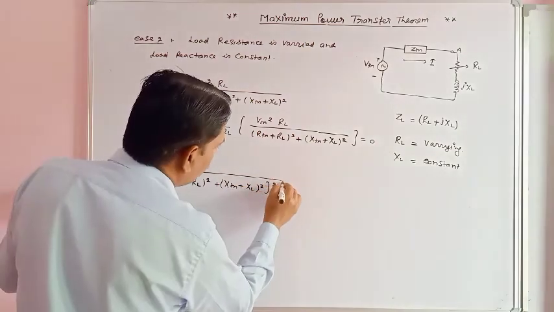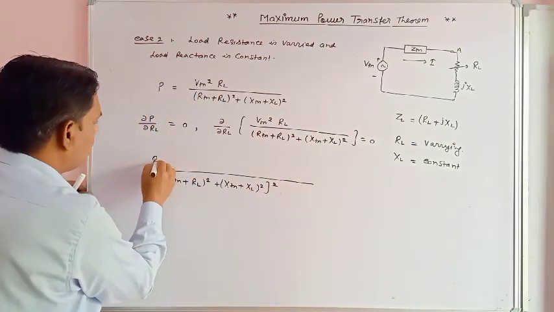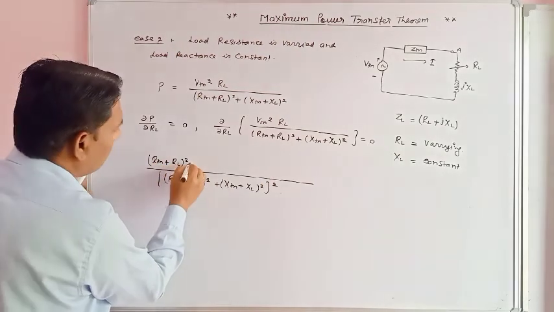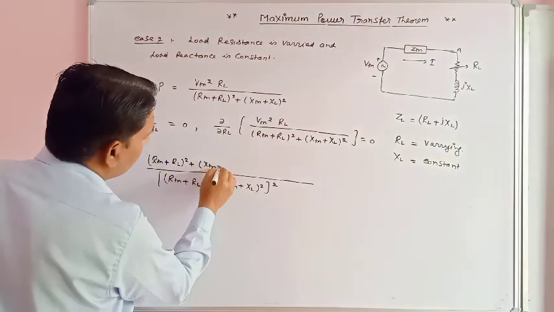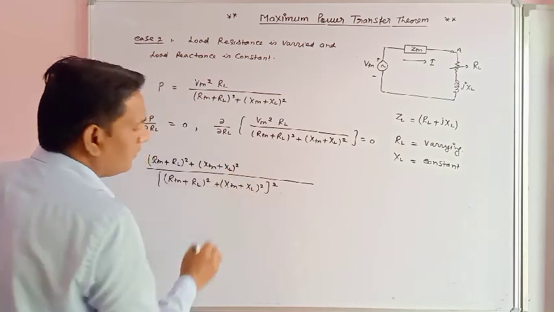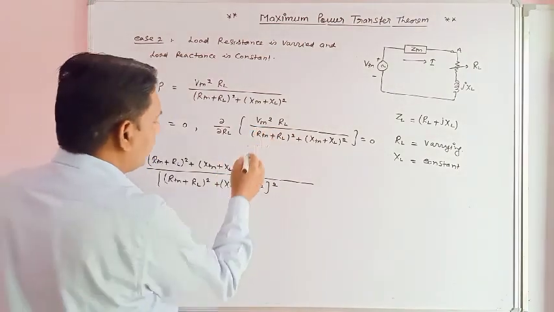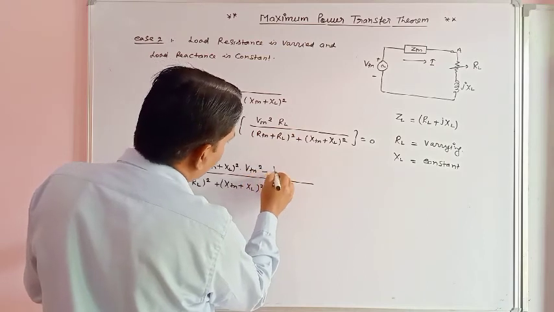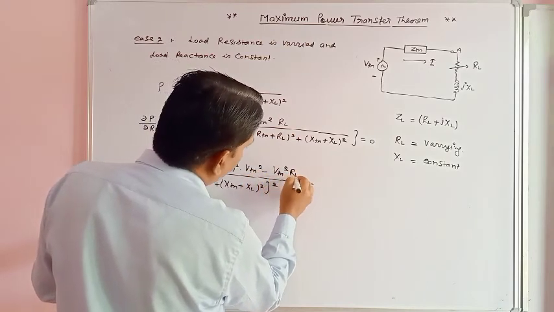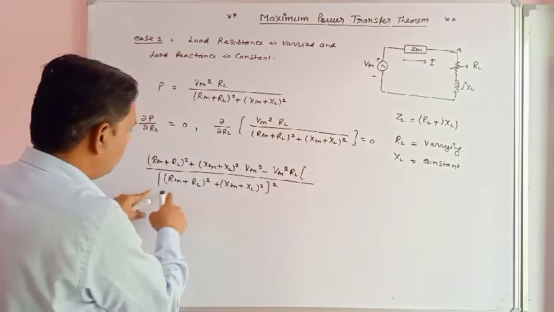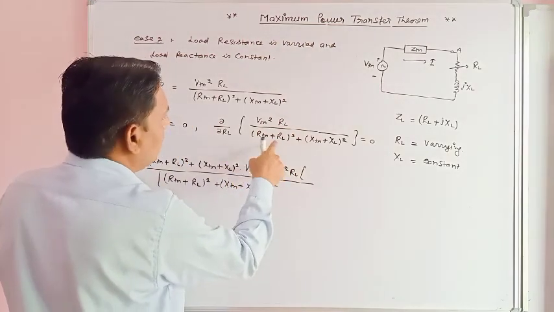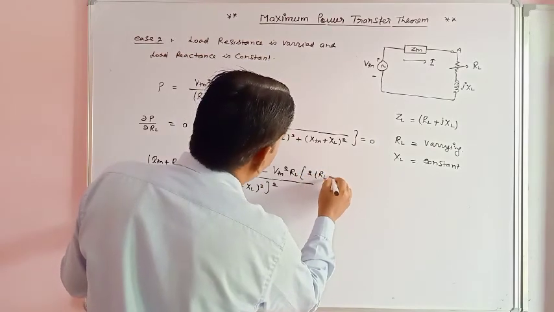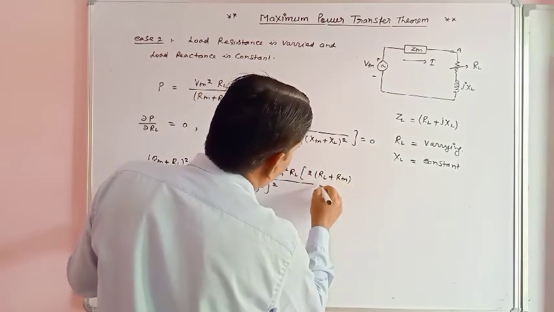The term RTH plus RL to the whole square plus XTH plus XL to the whole square will remain the same. Differentiating with respect to RL, it will be VTH square minus VTH square RL into the differentiation of this denominator with respect to RL, so it will be 2 into RL plus RTH, equal to 0.